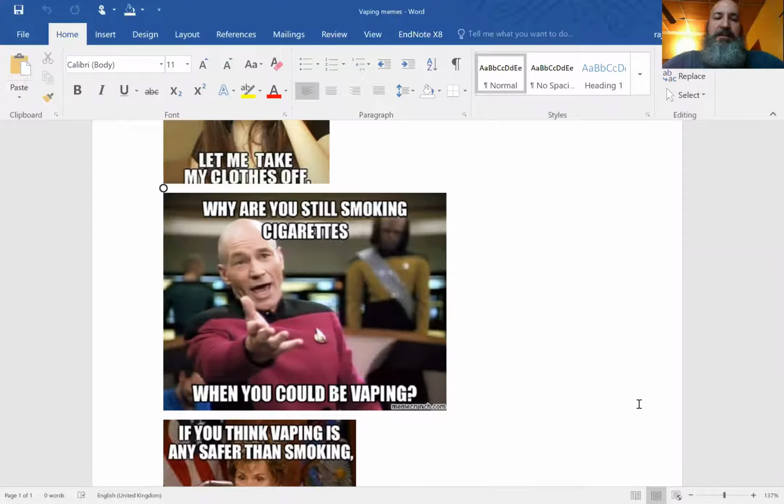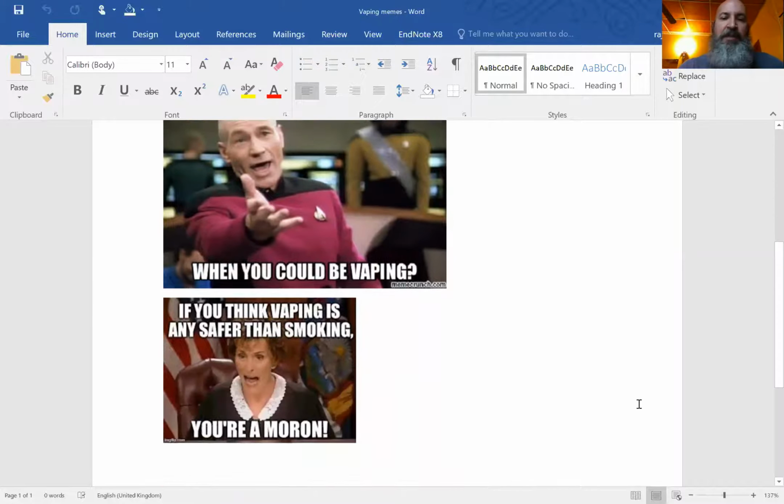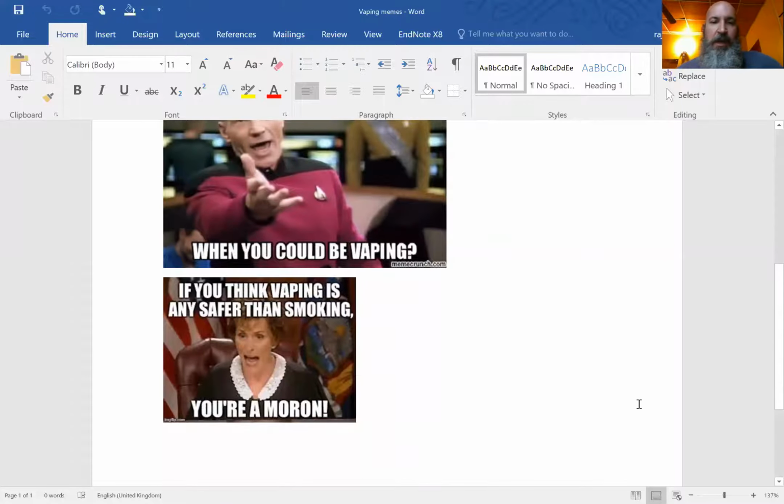The point is to show a celebrity or a TV character that they may know. And the last one is Judge Judy, and she's obviously quite critical and basically is saying if you vape, you're also not doing anything good to your health, and she uses this kind of negative statement, you're a moron.